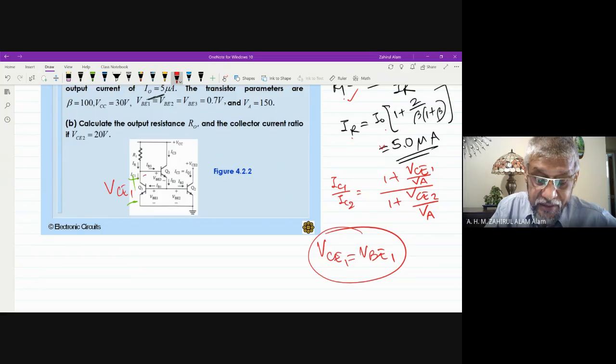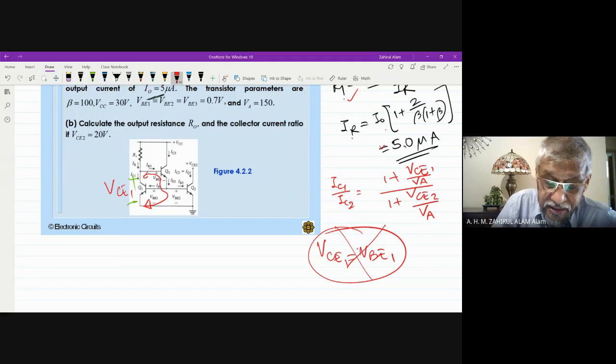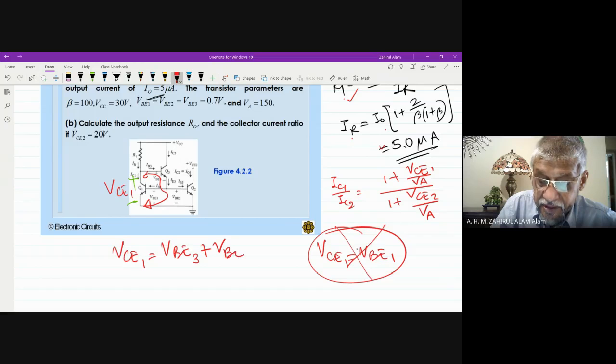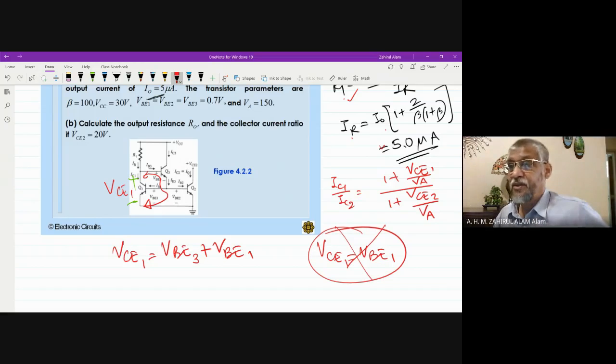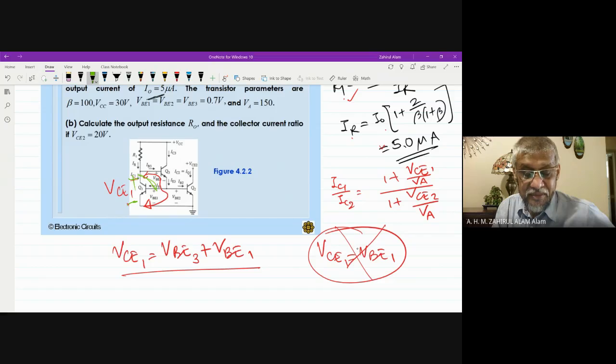Then we need to apply KVL. So for KVL, VCE1 equals VBE1 plus VBE3. Because previously it is connected, VCE1 equals VBE1.